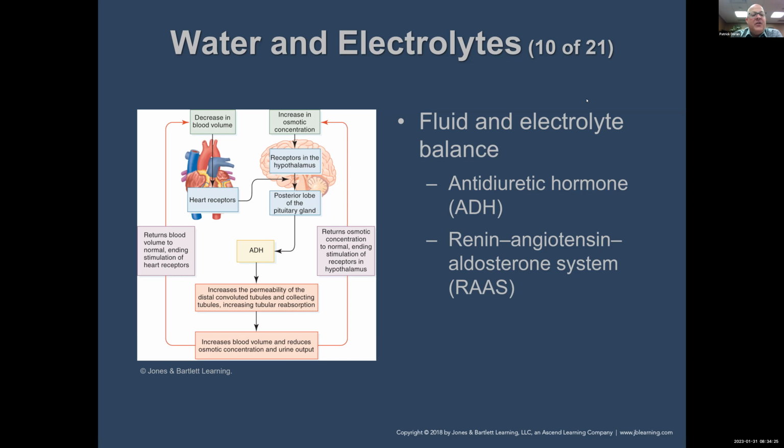And so what that's going to do then is increase the permeability of the distal convoluted tubules in the kidneys, right? And that's going to allow there to be more free water reabsorption, and it increases blood volume through retaining water, and it will reduce the osmotic concentration, right?